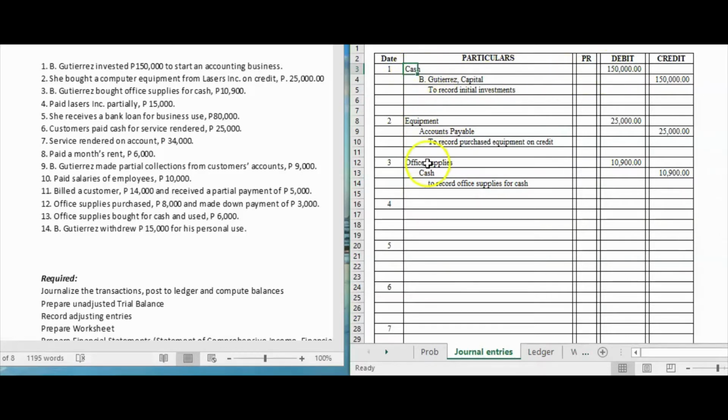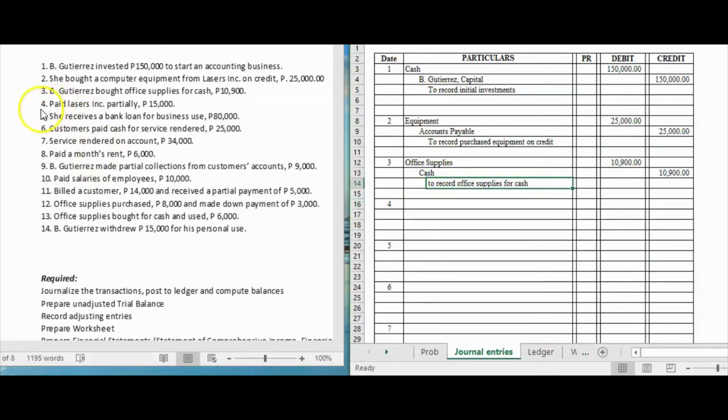So, we debit it. However, on the third transaction, nagbayad tayo kaya nabawasan si business ng cash, we should credit it. I hope you see the difference, okay? Kung paano gamitin yung debit and credit at yung importance ng normal balances.